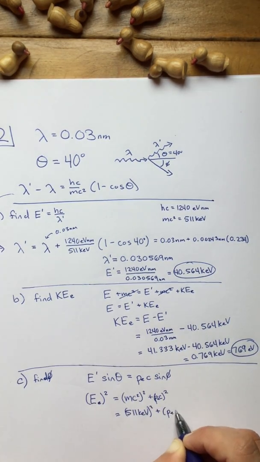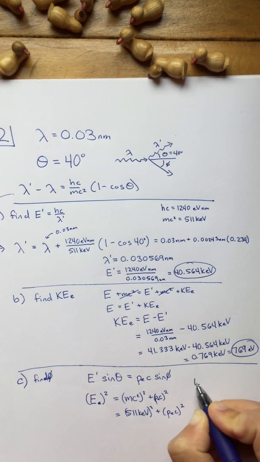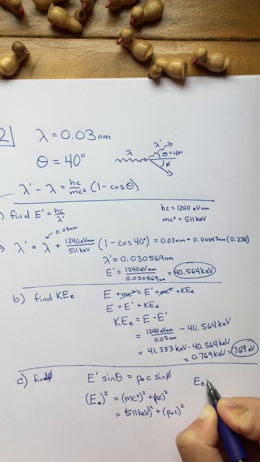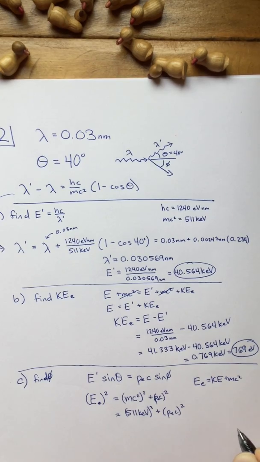I'm looking for pc squared. I need the energy of the electron after the collision. And after the collision, the energy is the kinetic energy plus mc squared.